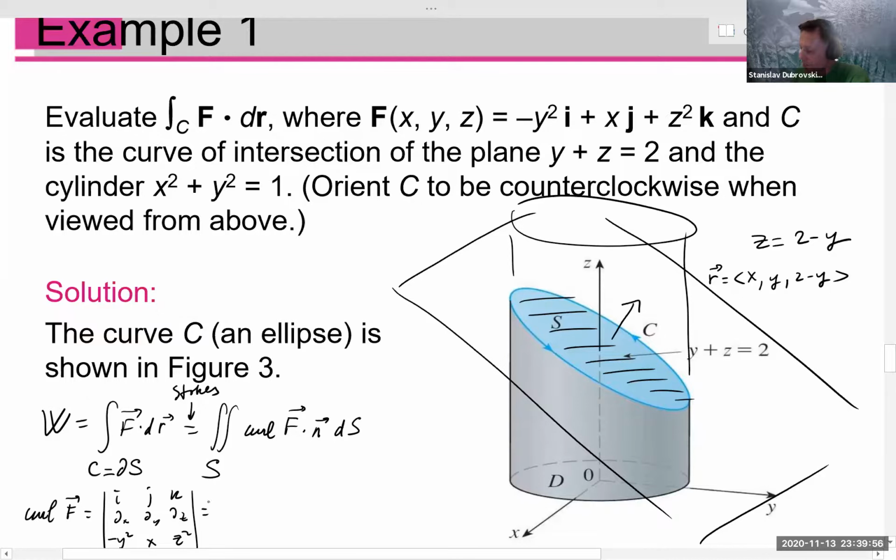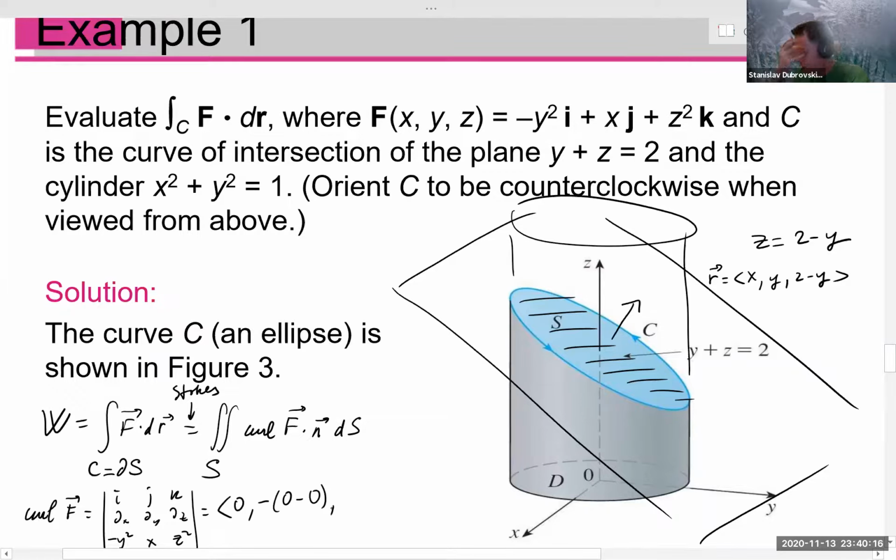So we will have for the first component of the curl, partial y of z squared is nothing, minus partial z of x is also nothing, 0. Second component is partial x of z squared is nothing, minus partial z of negative y squared is also nothing.